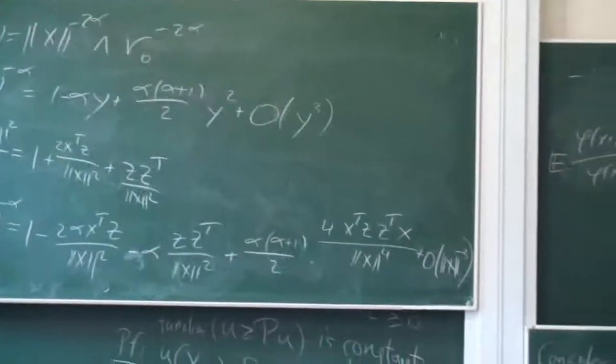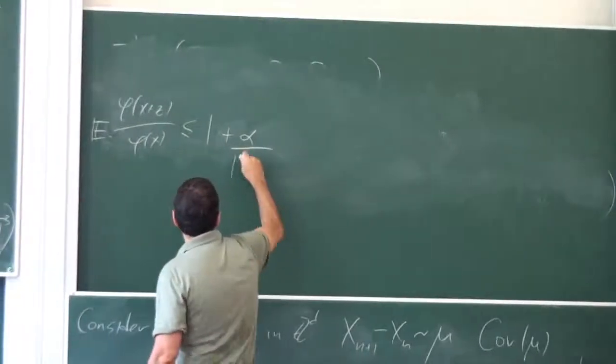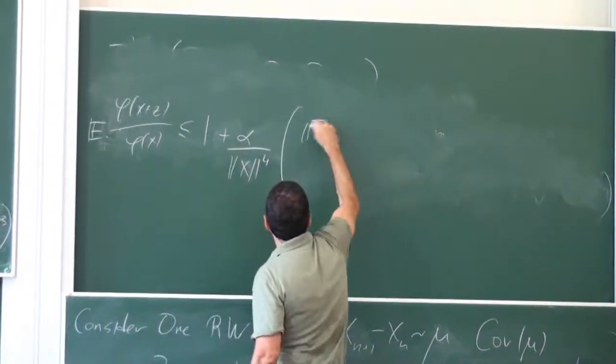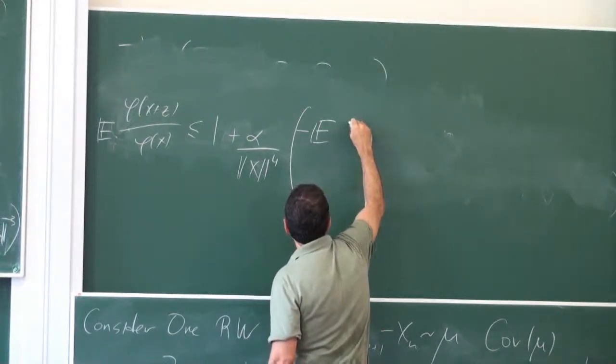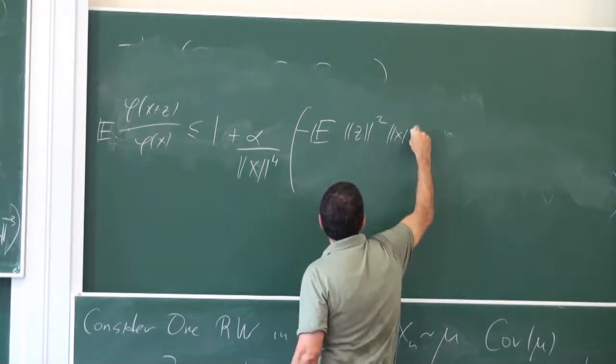From everything else, we can take out alpha. And I want to also take out the x to the 4th. And then what is left is minus the expectation of norm z squared, times norm x squared.